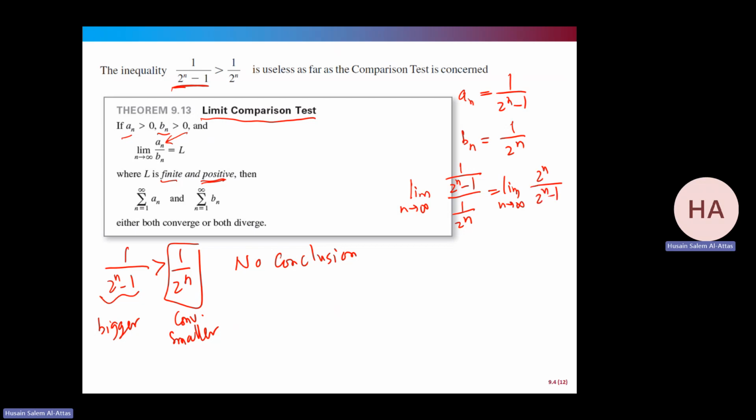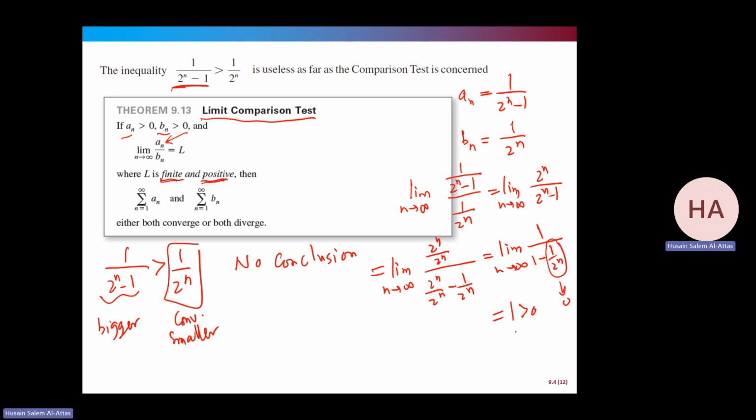That will be the limit as n goes to infinity of 2 to the power n over 2 to the power n minus 1. I'll divide by 2 to the power n, you know this trick, everywhere. I have 2 to the power n over 2 to the power n, and here 2 to the power n minus 1 over 2 to the power n. So 1 over 1 minus 1 over 2 to the power n. This goes to 0 as n goes to infinity. So this limit equals 1, finite and positive.